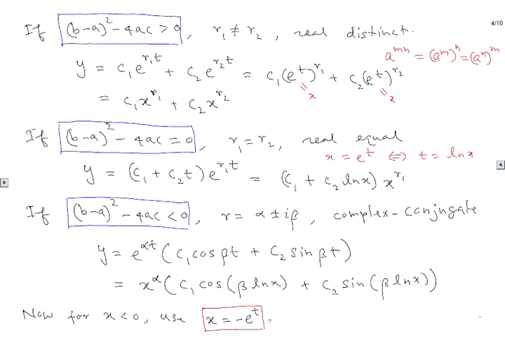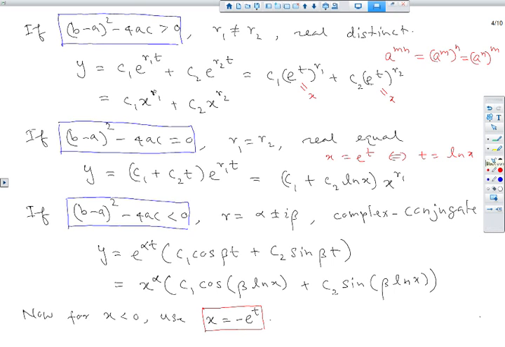So we use x equal to negative e to the t, and we get the exact same differential equation.